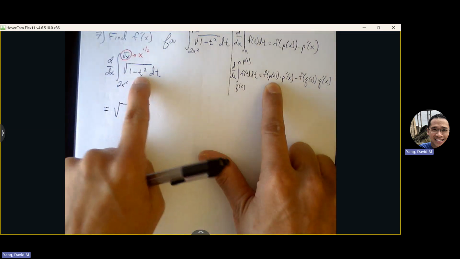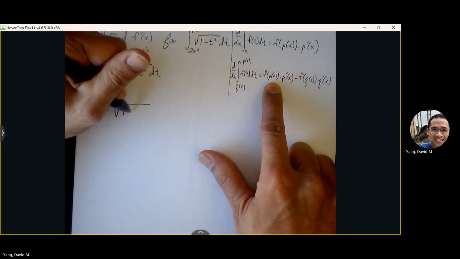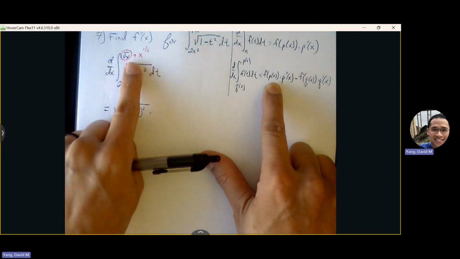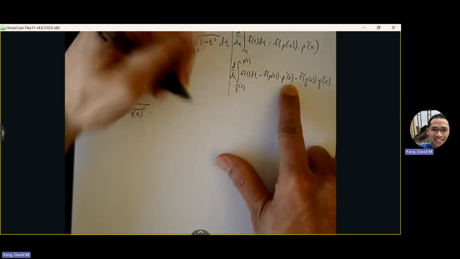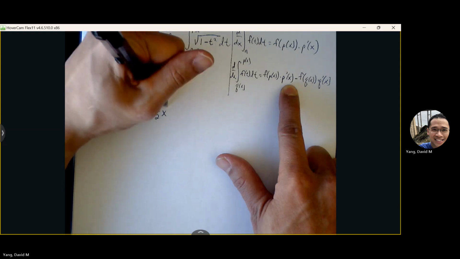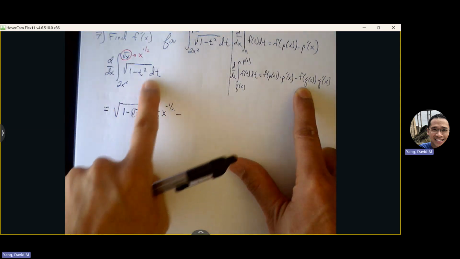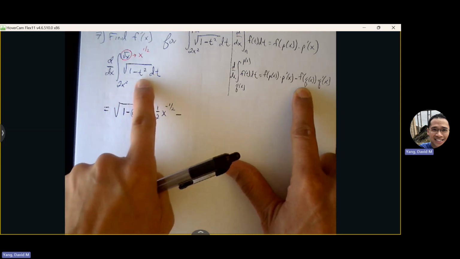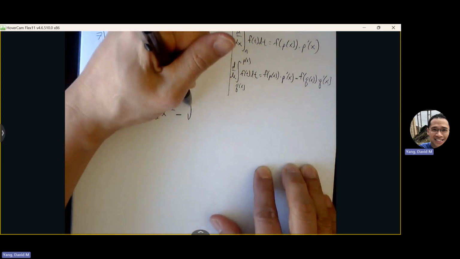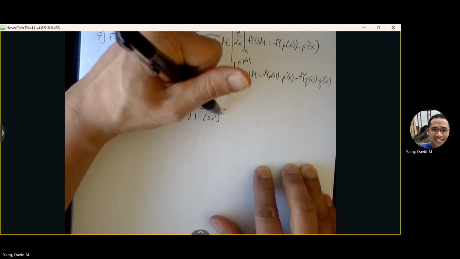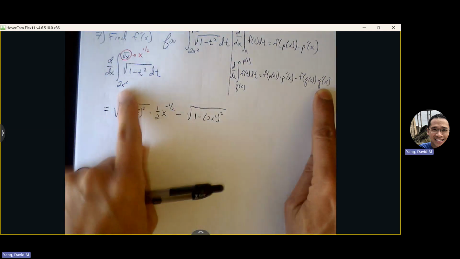We're just making a substitution there. Derivative, x to the 1/2 minus, and then do the same thing, plug the function into the bounds into the expression. Times q prime.